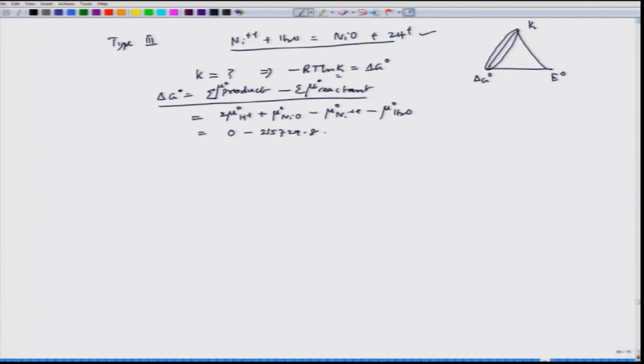It will become plus because this value is minus 48250. This would also become plus because the value of mu 0 H2O is minus 236 964.2. So, if we get this value, this becomes 69,484.4.